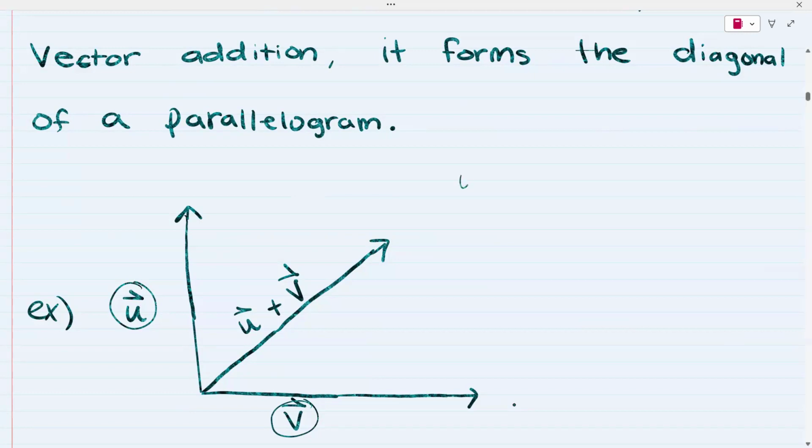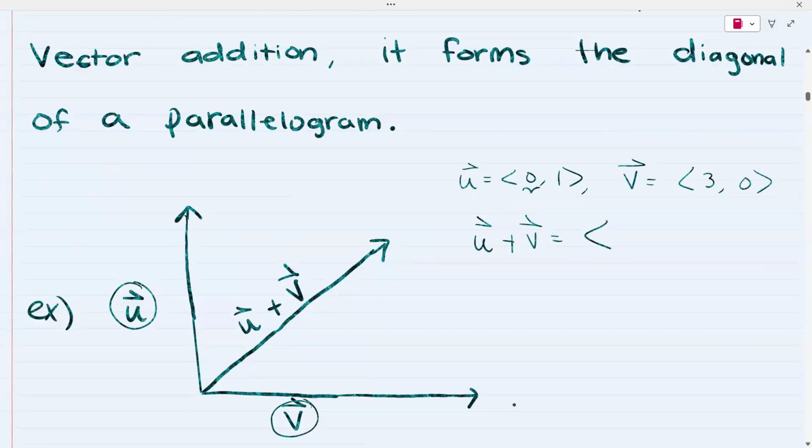Let's pretend vector u was 0, 1, and vector v was 3, 0. If you add vector u plus vector v, you get a new vector, and you basically add all the x's and all the y's.